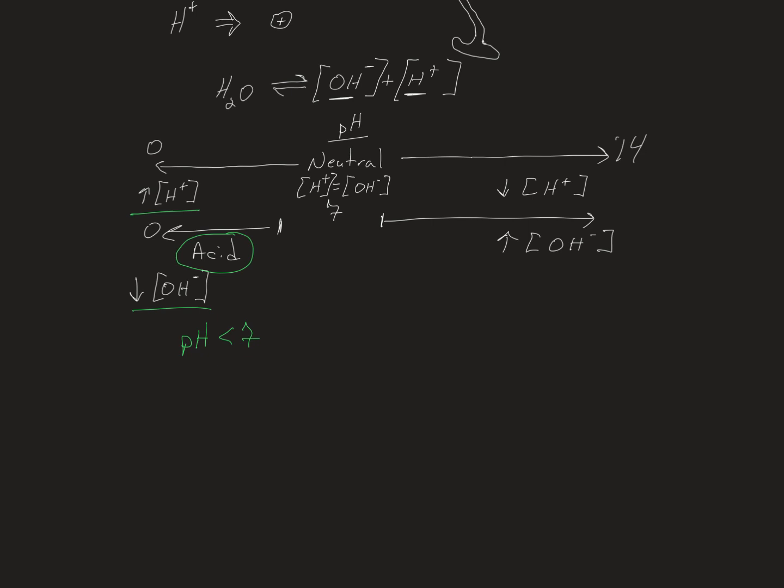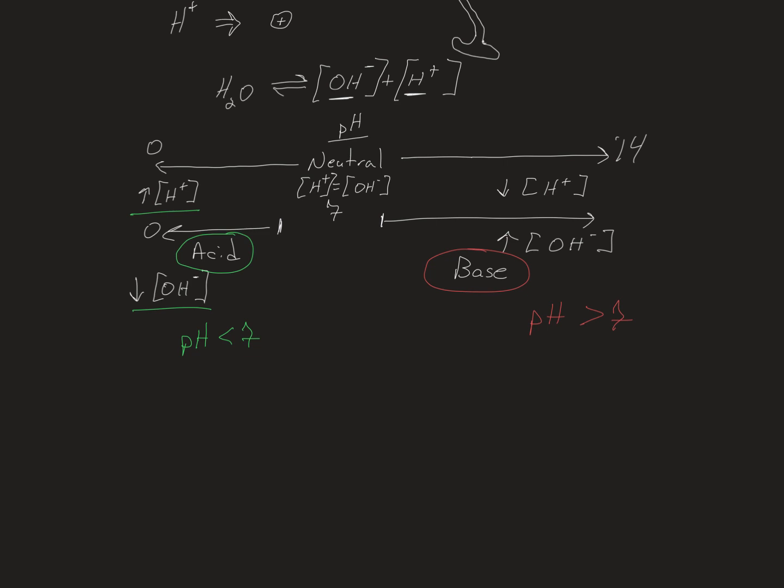High hydroxide concentration, low hydrogen ion concentration, we call that a pH greater than 7, and we call that a base. So it's basic. Is everybody okay with that idea so far?